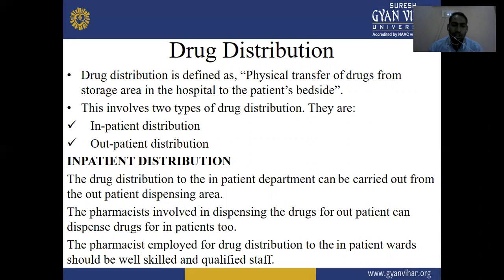The pharmacist involved in dispensing drugs for outpatients can dispense drugs for inpatients. The pharmacist employed for drug distribution to the inpatient ward should be a skilled and qualified staff.